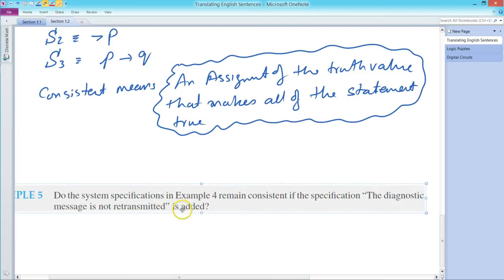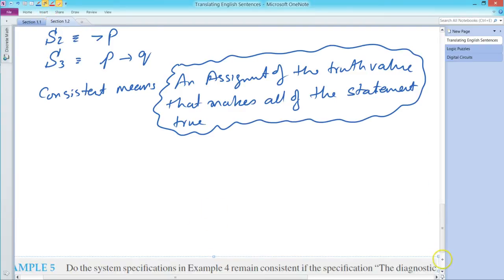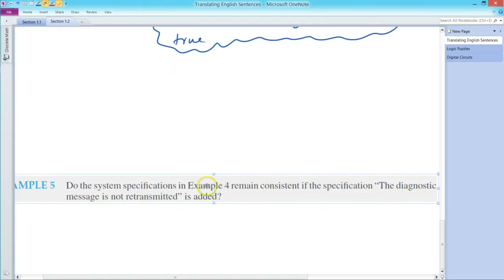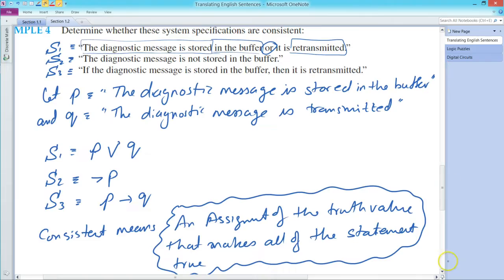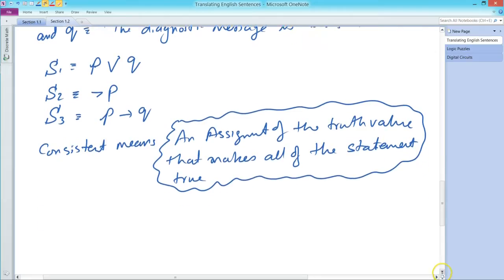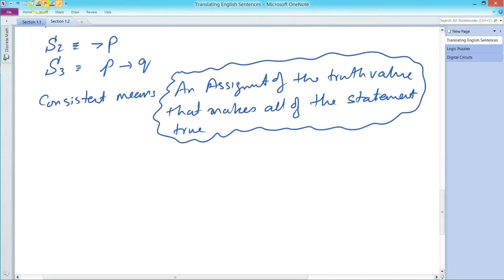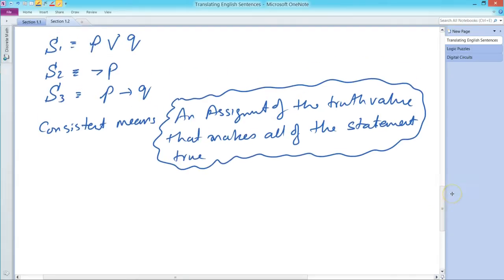Now I want to make some space so that I can work on. If you can just be patient with me, I'll move this down and take it further down. Okay, I believe that's enough place for now. So let's start. We want all these three statements to be true. Look at S2.